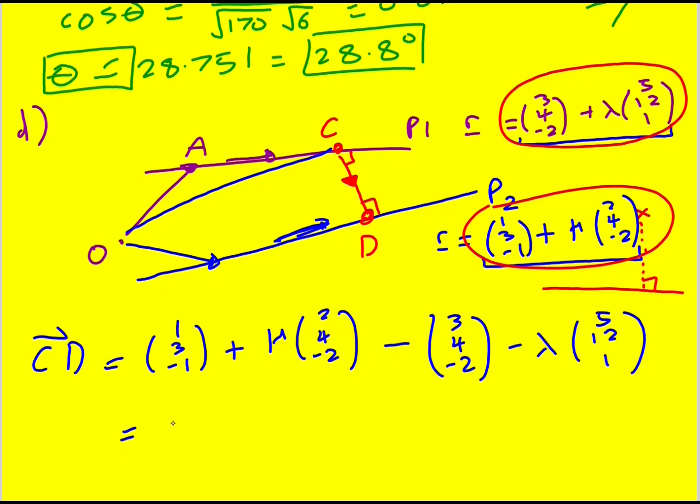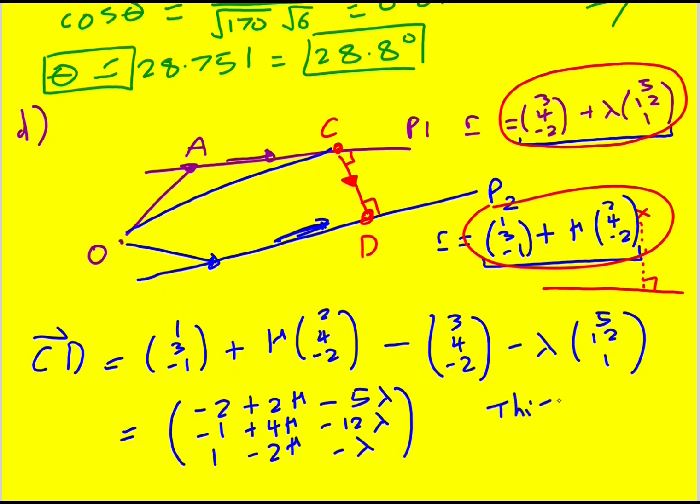Okay, now I'm going to bring it together. So I can write that as 1 minus 3, that's minus 2, plus 2 mu, minus 5 lambda, as a single vector, and then 3 minus 4 gives me minus 1, plus 4 mu, minus 12 lambda, then minus 1 minus minus 2 gives me 1, minus 2 mu, minus lambda.